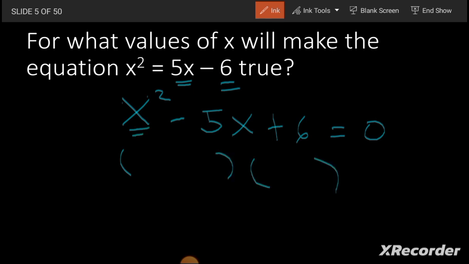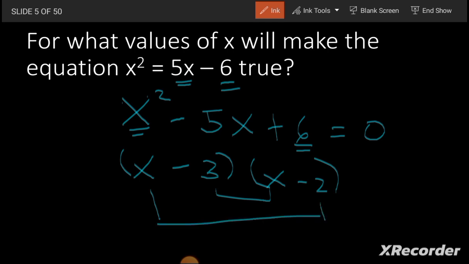So x squared has factors x and x, and the factors of 6 could be positive 3 and positive 2, or it could also be negative 3 and negative 2, but we have to choose negative 3 and negative 2, because if we add the product of the inner and the product of the outer terms, we could have the negative 5x.